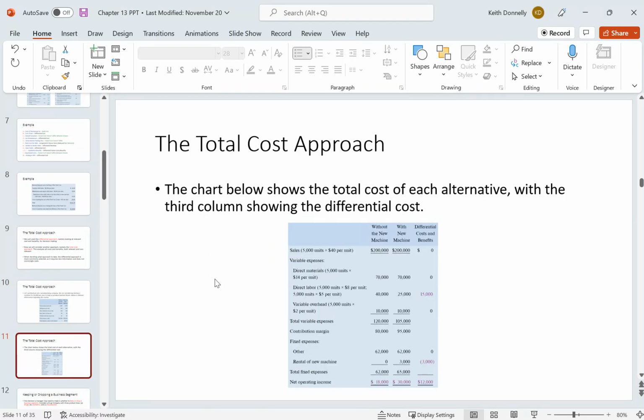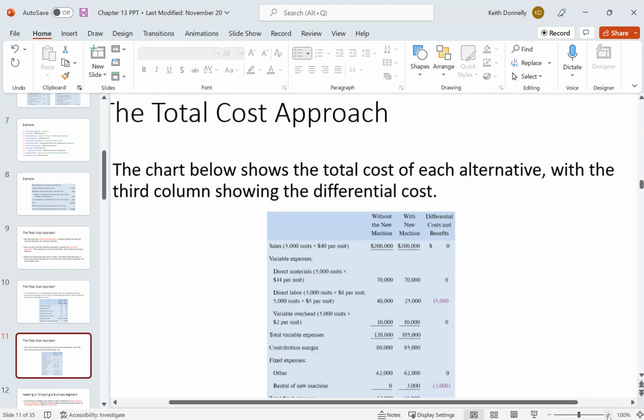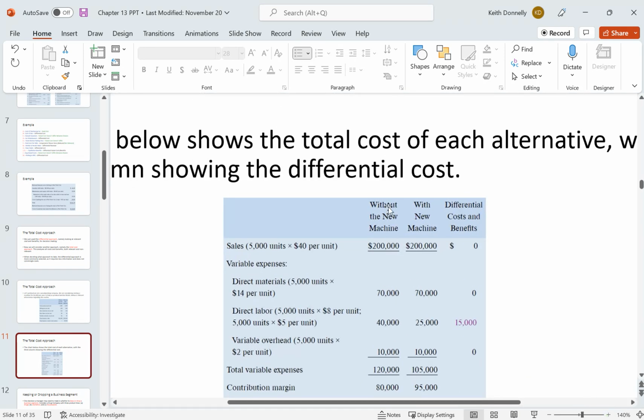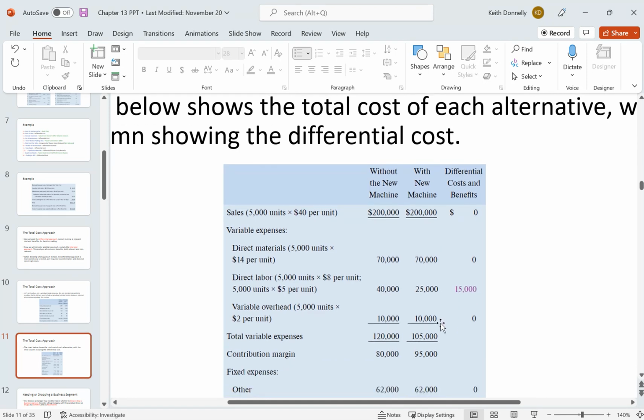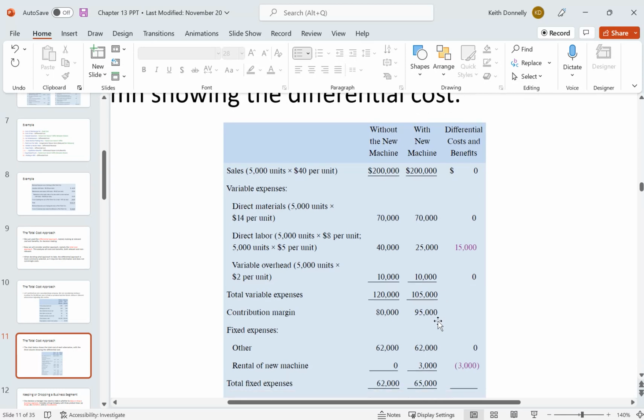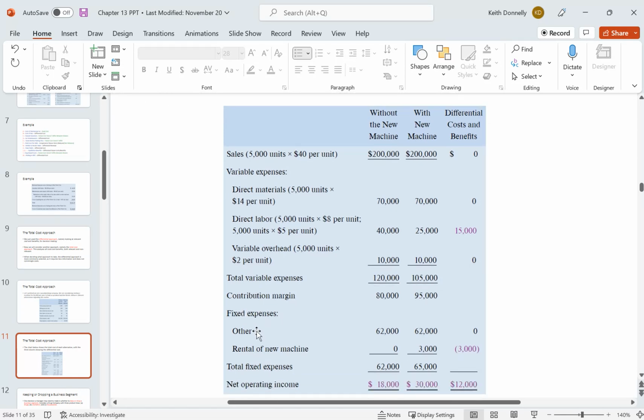It says the chart below shows the total cost of each alternative, with the third column showing the differential cost. So here's without the machine, with the machine, and the differential costs and benefits. As you can see, if we run through it, you have your sales minus your variable expenses, which gets you your contribution margin, back out your fixed expenses, and that gets you your net operating income.